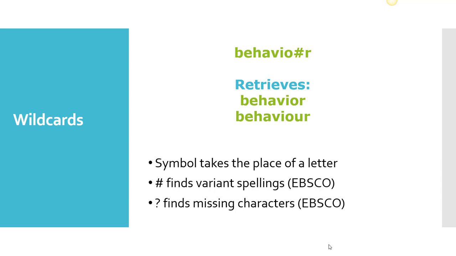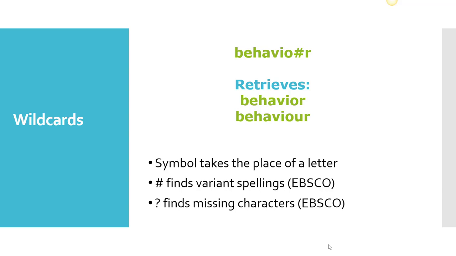A little more advanced in our searching, we might want to use some wildcards. Say, for example, we have a variant spelling or missing characters that we want substituted. A symbol can stand in for one of the letters. So, for example, the word behavior can be spelled different ways in different cultures. In the UK, we see it V-I-O-U-R.